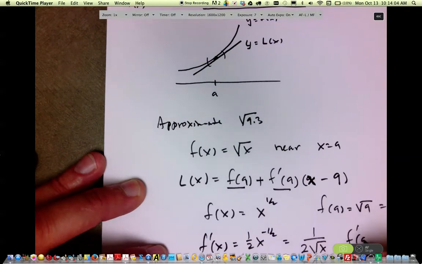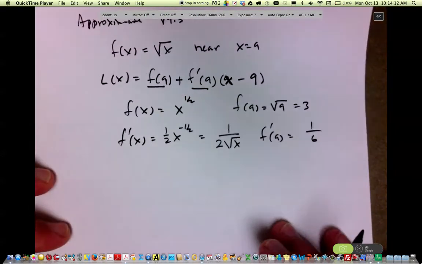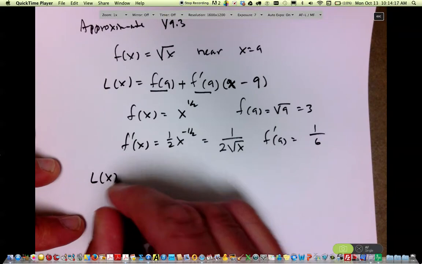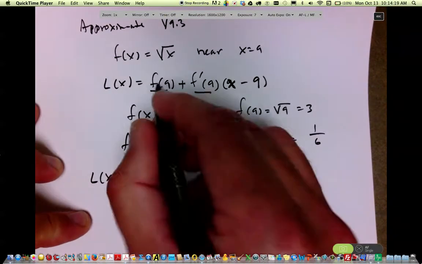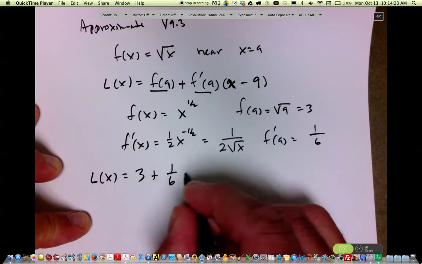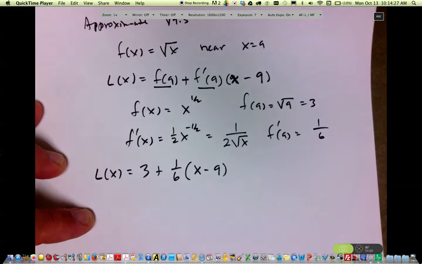And so f prime evaluated at 9 is going to be 1 over 2 times 3, or 1 over 6. Then all I got to do is plug those in, and the linearization of this function is going to be f of 9 which is 3, plus f prime which is 1/6, times x minus 9. And I'm just going to leave it in that form.